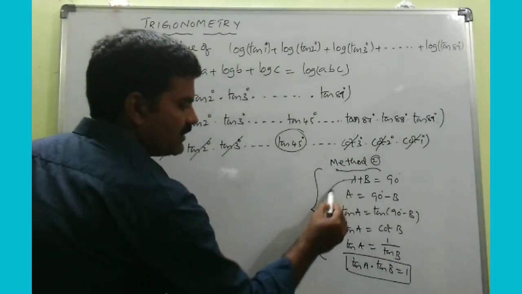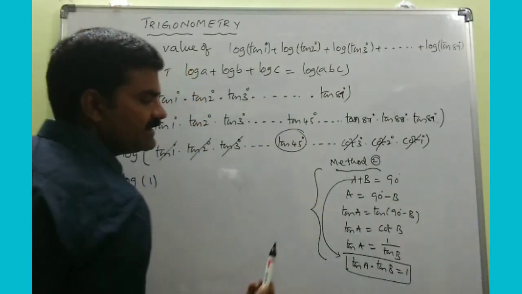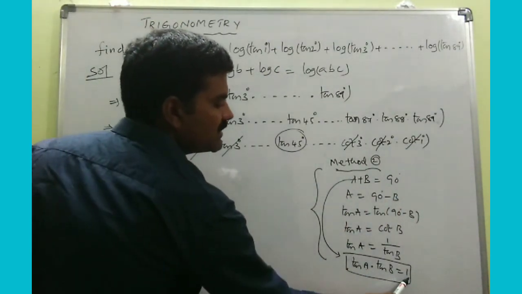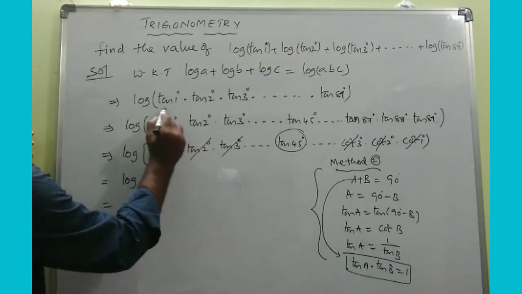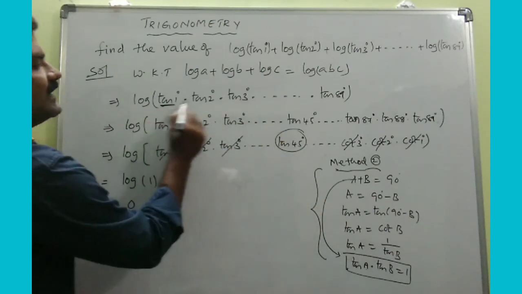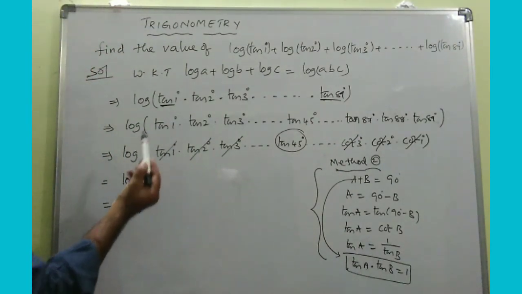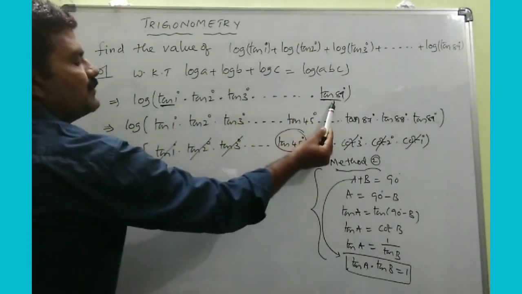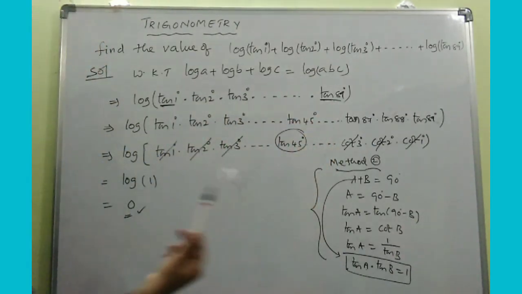So this is what we already proved, my dear: if A plus B is equal to 90 degrees, then tan A into tan B is 1. This is what you can actually apply even in the first step itself if you know this result. See, tan 1 degree into tan 89 degrees: these two are just like tan A into tan B, and the sum of these angles, 1 plus 89, is 90.